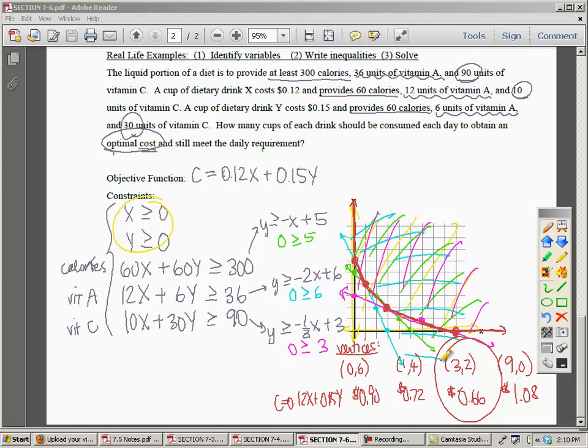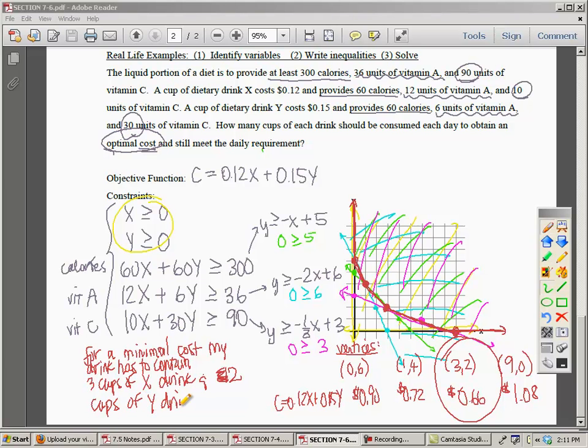So what it says is I need, for a minimal cost, my drink has to contain 3 cups of X drink and 2 cups of the Y drink.